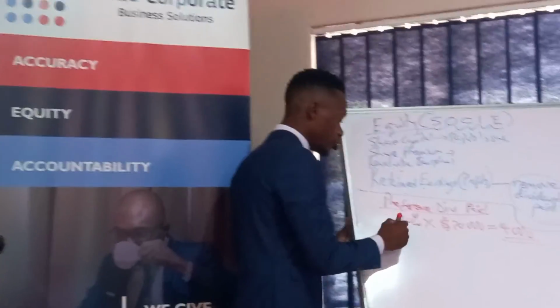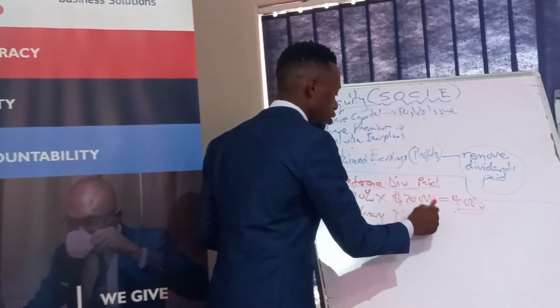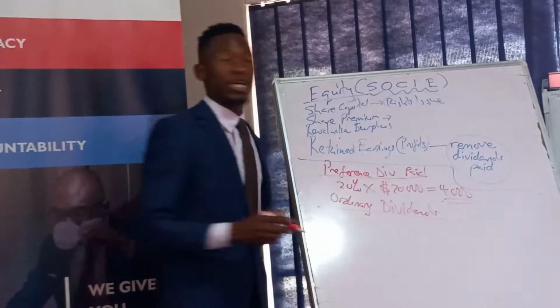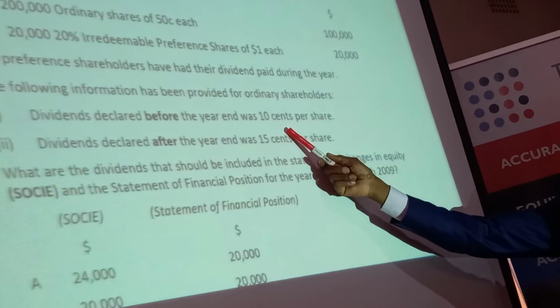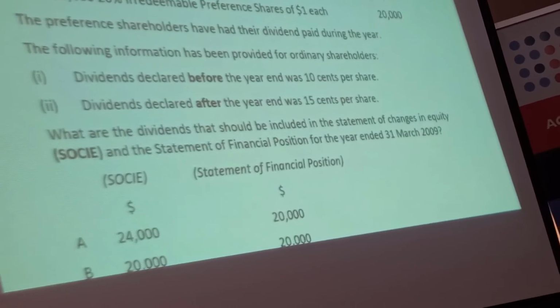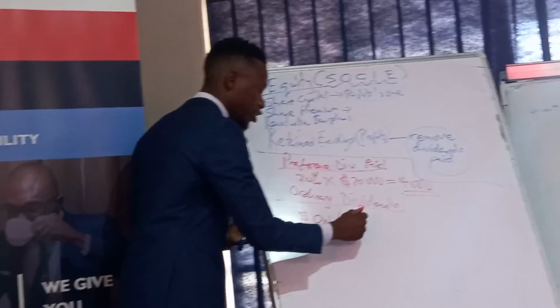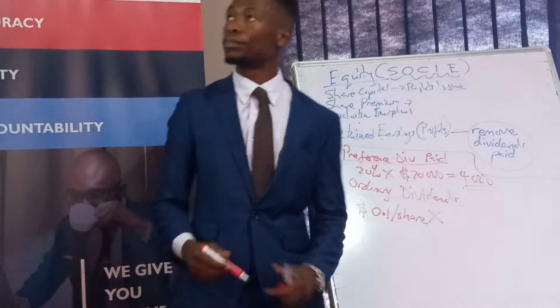Now, let's go to ordinary dividends. This one is given to ordinary shareholders. They are saying note number one, this one has been declared before the year end, 10 cents per share. So guys, we use dollars, not cents. So this will be 0.1 per share, multiplied by the number of shares they have.